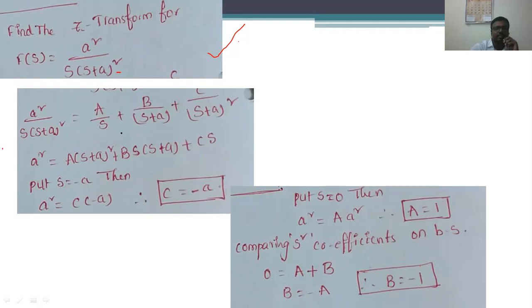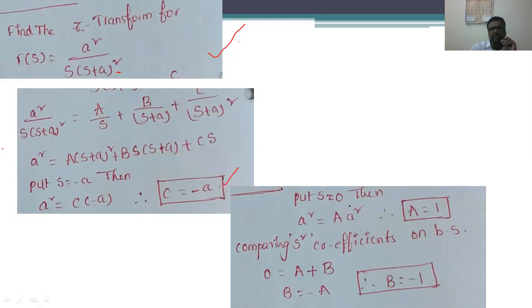In order to obtain the values of A, B, C, we substitute s = 0 and s = -a. Firstly, substituting s = -a, we get a² = C into (-a). Therefore, C = -a. We have obtained a relation between a and C.